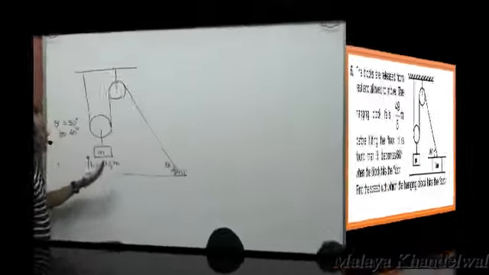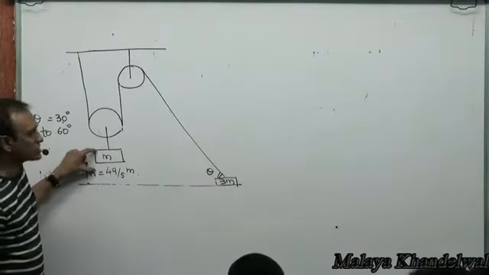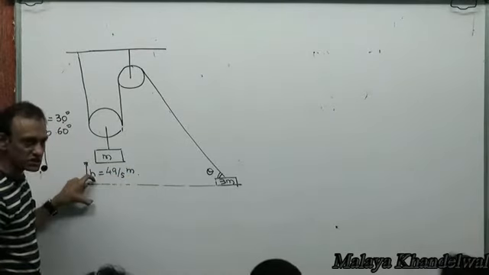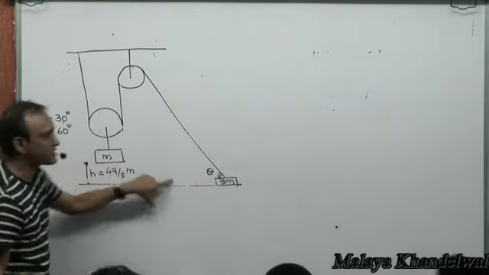Situation where this mass is at rest initially and this theta is 30 degrees. Eventually the mass descends and this theta becomes 60 degrees, 3m comes closer.